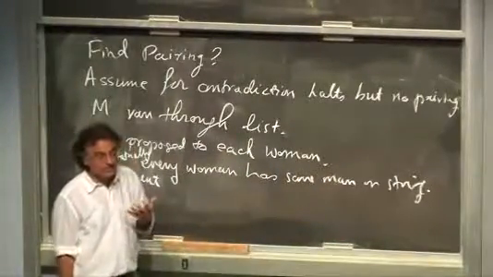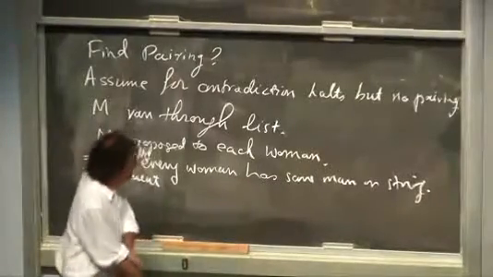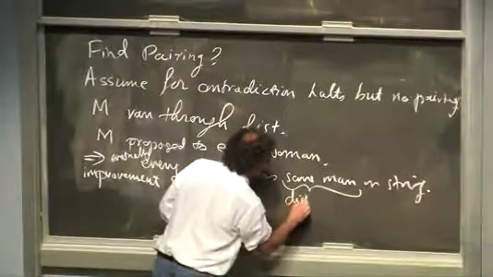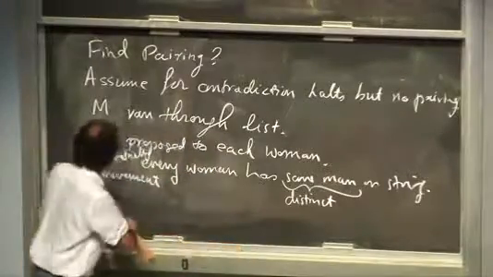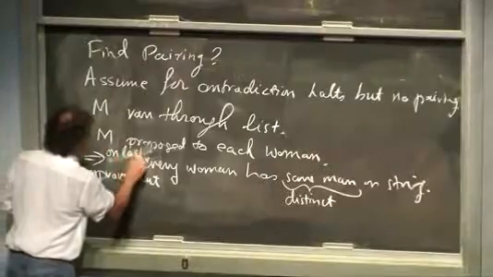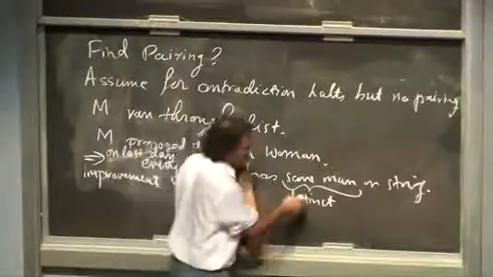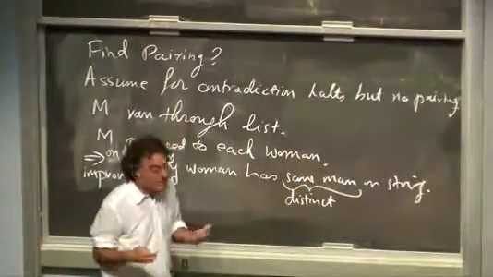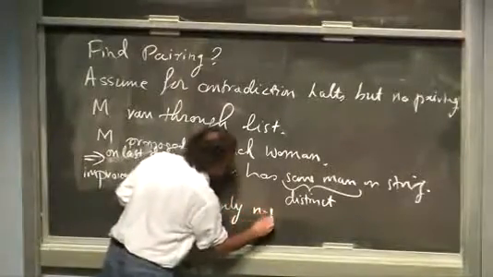Does everyone see what the contradiction is? Every woman has some man on the string, and distinct. So on the last day, every woman has a distinct man on the string. Okay? But there are only n minus 1 other men.